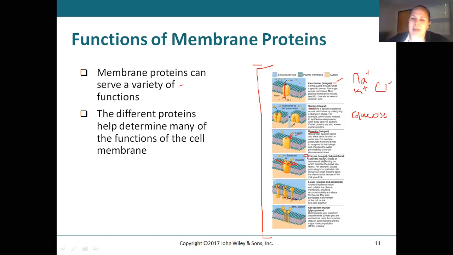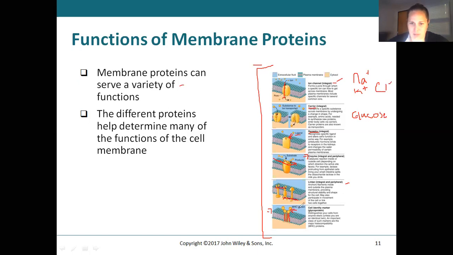Okay, so enzymatic, linker, integral, and peripheral proteins are anchors and filaments inside and outside the plasma membrane providing structure. Linker proteins provide the structure of the cells themselves. The last one down here is the cell identity marker, a glycoprotein. These proteins span the phospholipid bilayer, and the glycos, or sugars, decorate the surface.